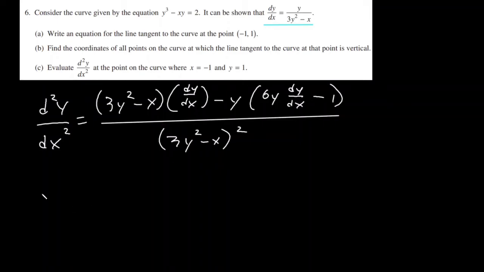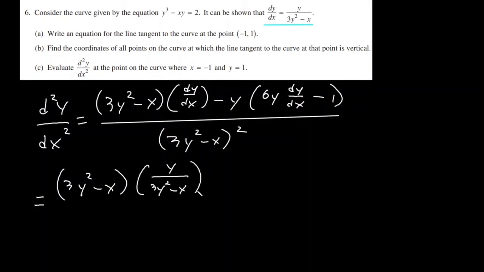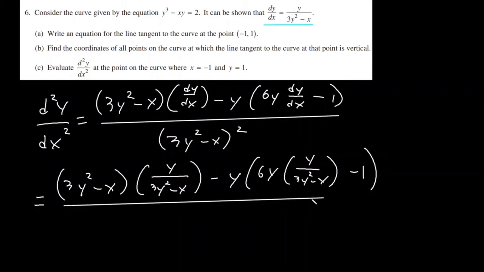So it's going to be equal to (3y squared minus x) times y over (3y squared minus x), I'll be subtracting y times 6y times y over (3y squared minus x), minus 1, and then the other thing still stays.